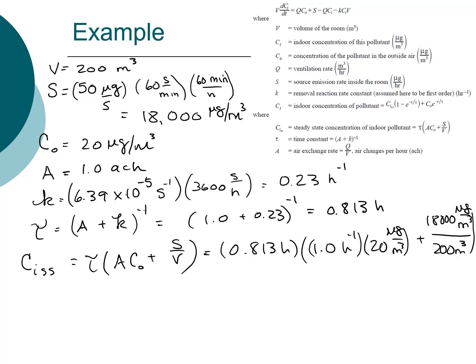And we need to close those parentheses. And that is equal to 747 micrograms per cubic meter.